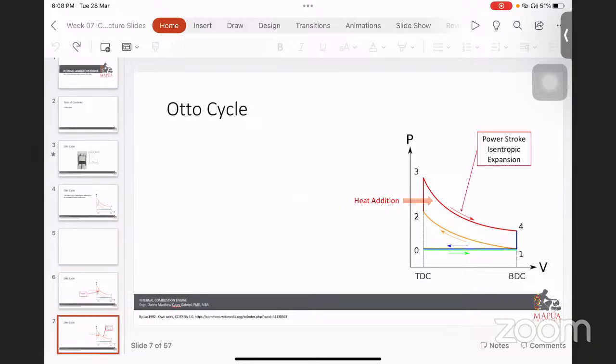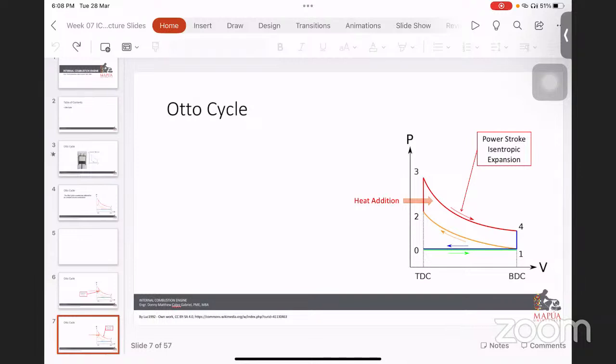Process 3 to 4 is called the isentropic expansion. So because of the combustion process, you had a rapid expansion of your gas fumes. And this expansion pushes the piston to go down and in turn increases the volume. This is where the chemical energy of the combustion process is converted into mechanical energy. That's why we call it a power stroke.